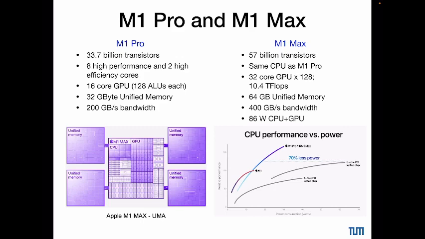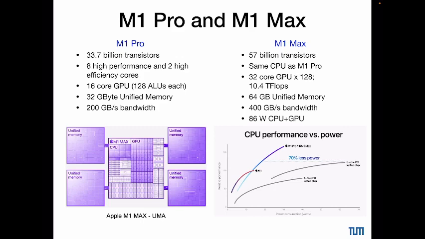Then we have the GPU here with 16 cores, and on that side a 32-core GPU, so they basically double the capability of the GPU. That goes up to 10.4 teraflops, floating point operations per second.